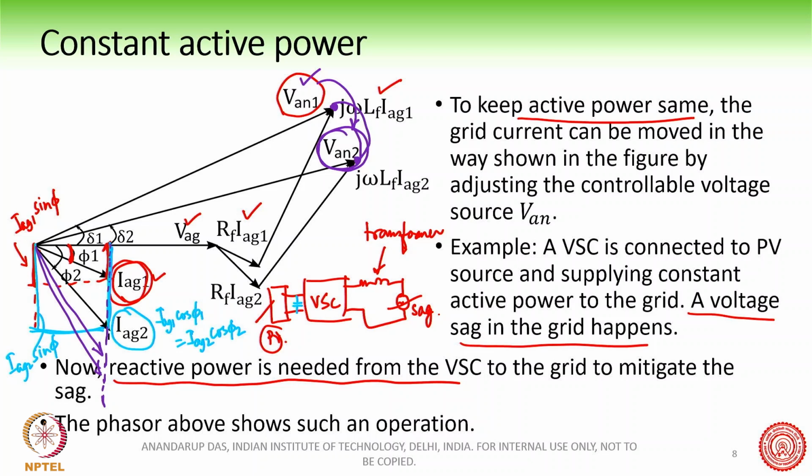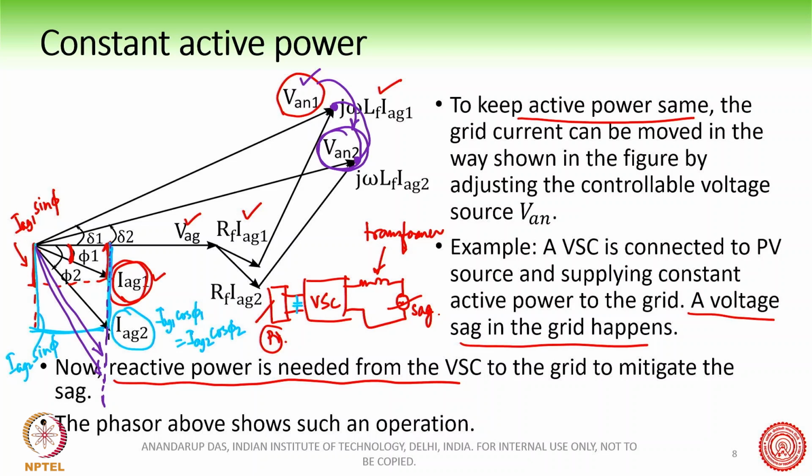That is how the change of the current will take place, keeping the active power same. Of course, this is done through a closed loop control. We can also do it in open loop, but we have to be very careful and calculate. Rather, we will do it using a closed loop, because then we can do it very fast without much of an overshoot.